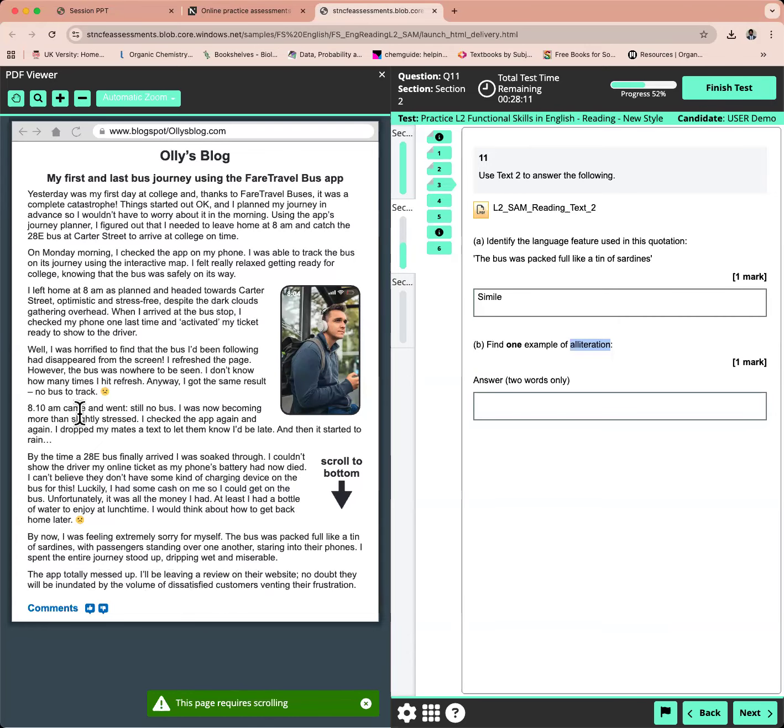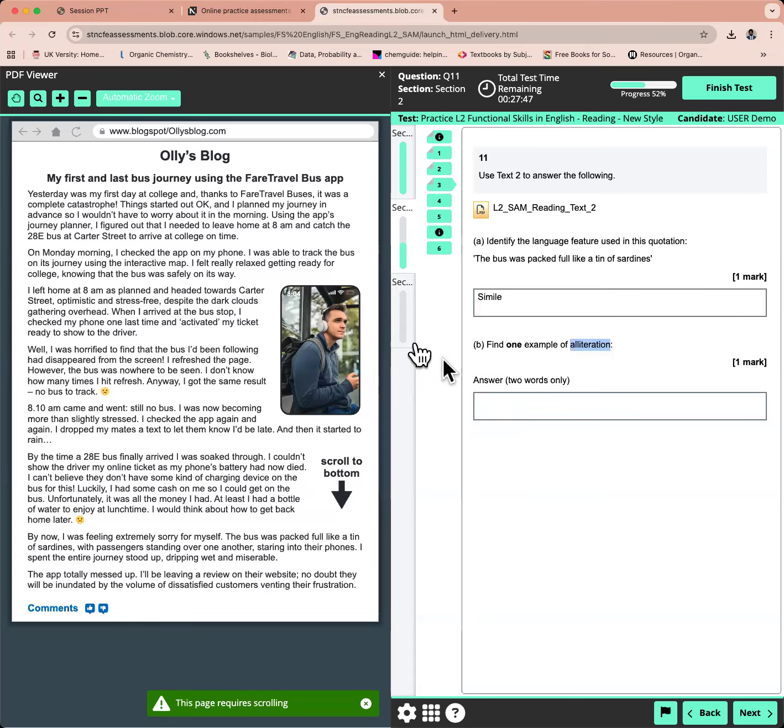I'm not too sure, and I won't be able to comment on this because I will need to read it in detail. Anybody reading this particular text should be able to pick that out if you have read it carefully. I figured out that I needed to leave home. I wouldn't have to worry about it in the morning.